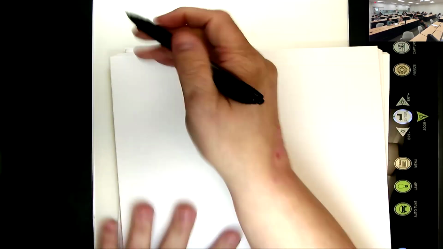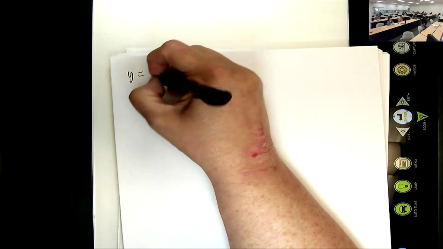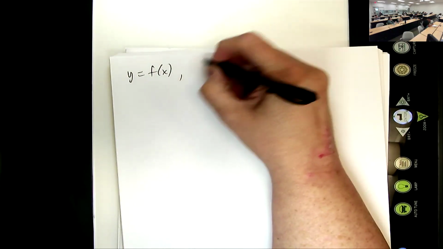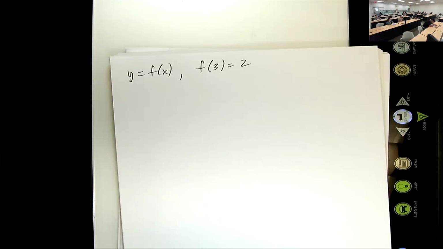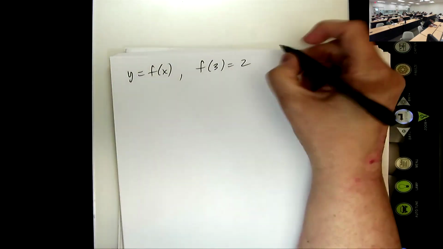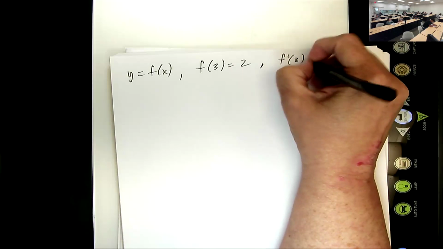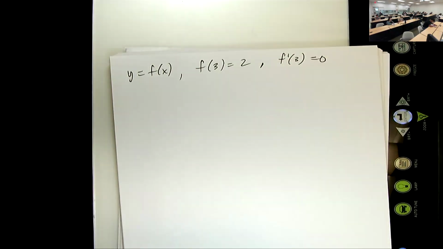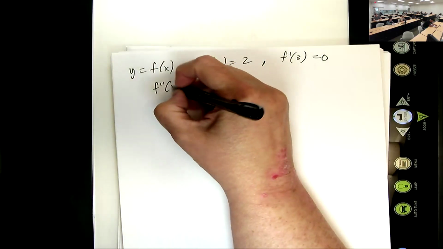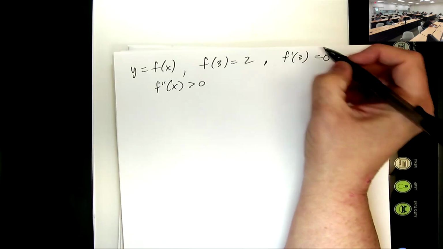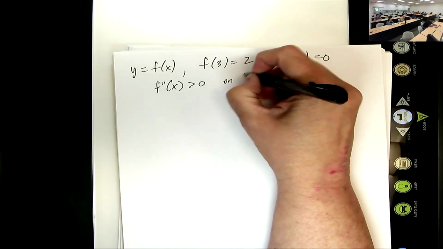So let's sketch. Let's just not have f of x, but we're going to say y equals f of x. Let's say f of 3 equals 2, and let's say f prime of 3 equals 0. And we're going to say the concavity is greater than 0 on negative infinity to 3.